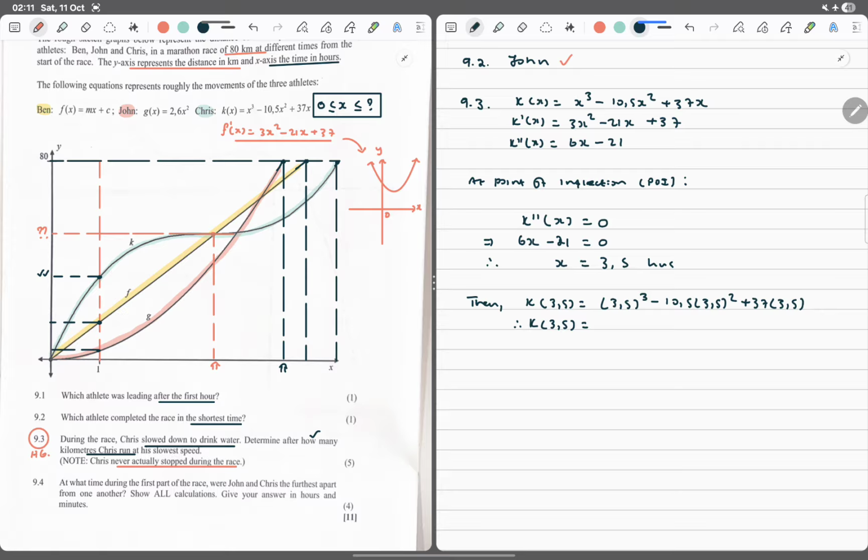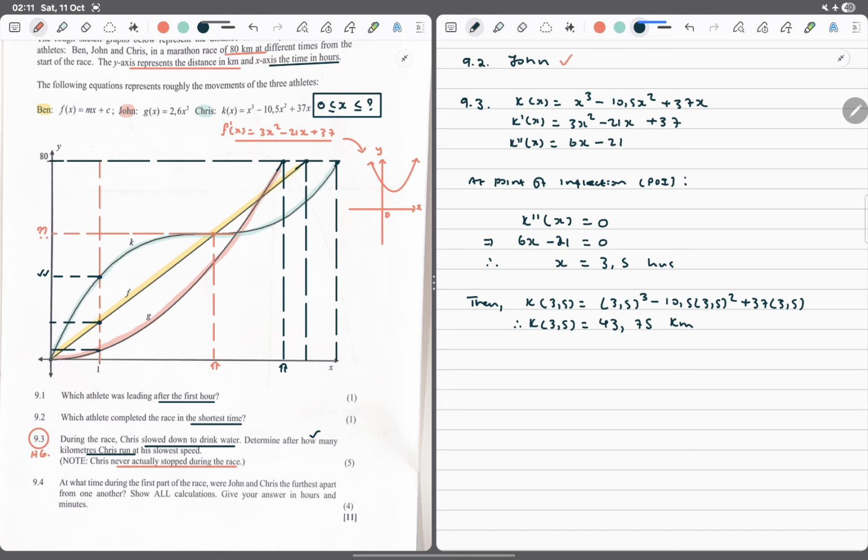Yeah, there's a lot of calculations here. So this gives us 43,75 kilometers. Now that's what we were looking for.